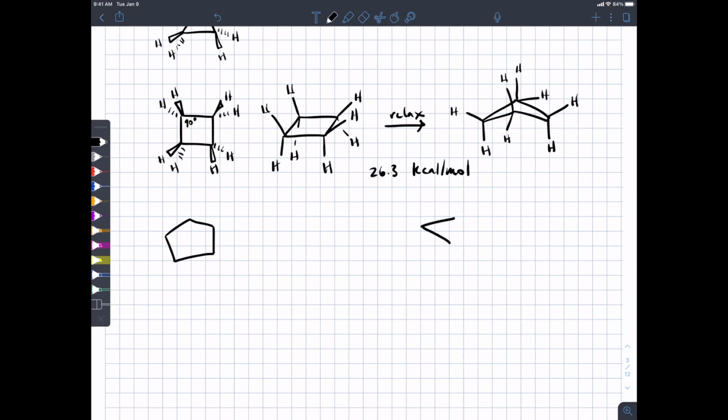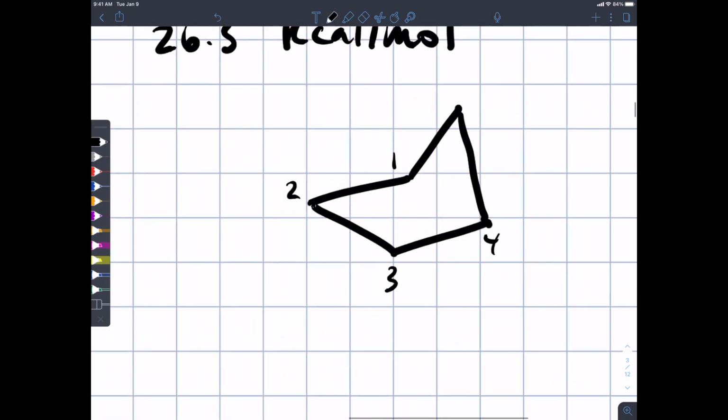One of them is called an envelope conformation, and that is where atoms 1, 2, 3, and 4 are basically in close to the same plane, and then atom 5 is out of the plane. Why do they call this an envelope conformation? Because it looks like the envelope. It's so dumb.